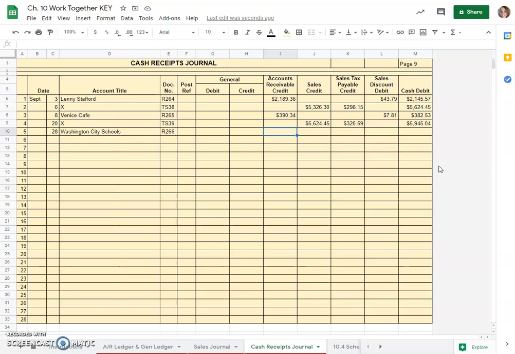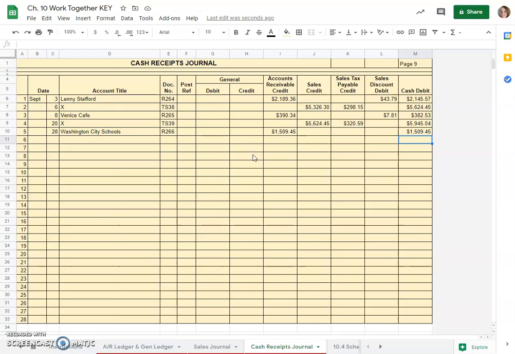And it was $1,509.45. And because they're a school, they didn't have to pay sales tax because some states have certain exemptions. So this will be just entirely a cash debit right there, $1,509.45.